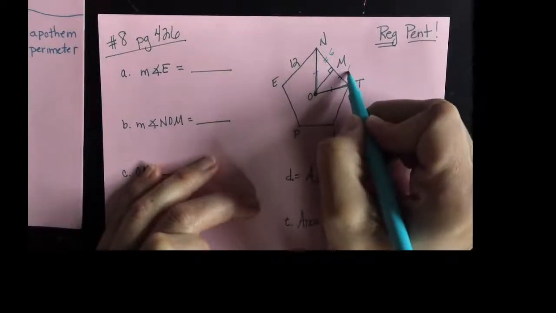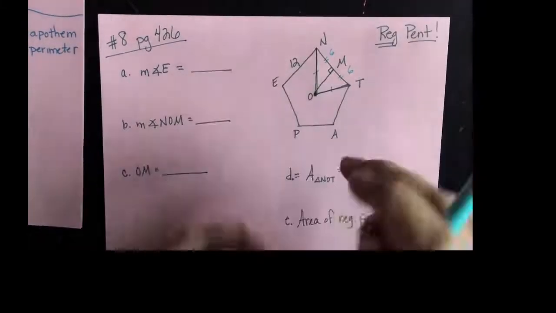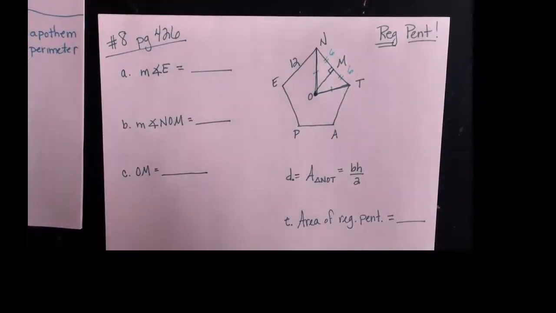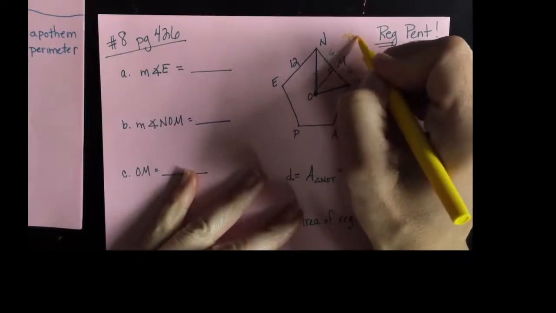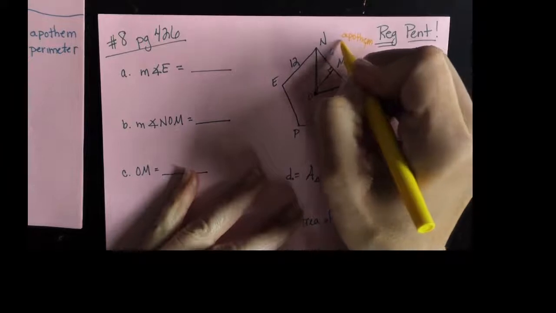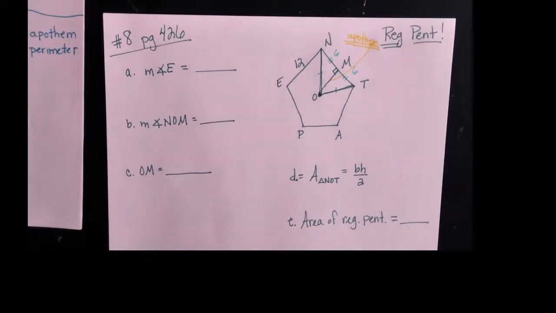So I'm just filling in all of the information that I'm supposed to remember. I am going to make a little note that, again, this guy is referred to as the apothem. That's the altitude of that little isosceles triangle stuck inside there.